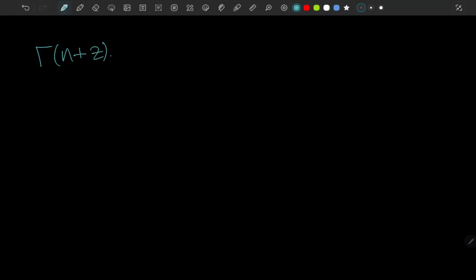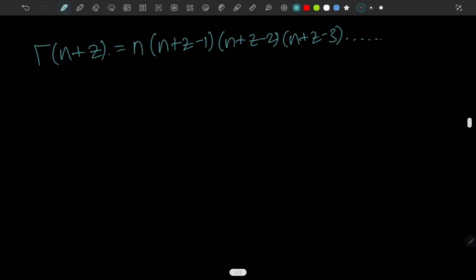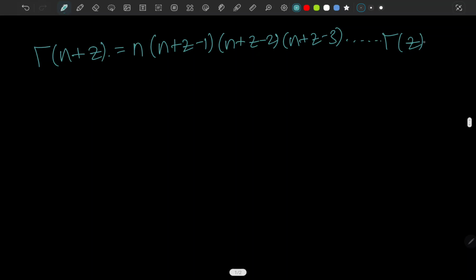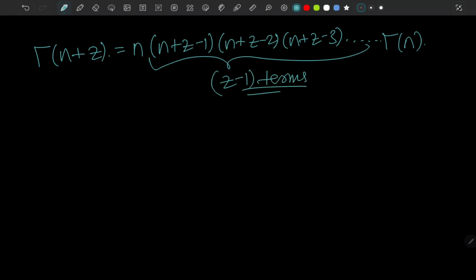It is n times n plus 1, n plus 2, n plus 3, dot dot dot, times gamma of n, with z minus 1 terms after the n.